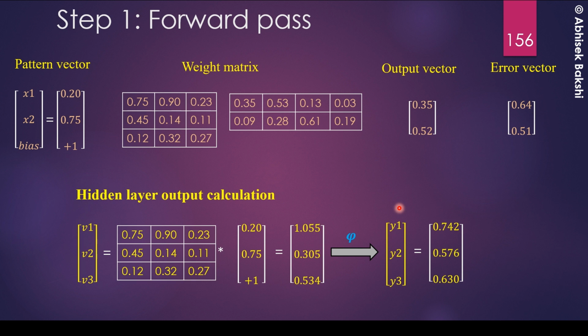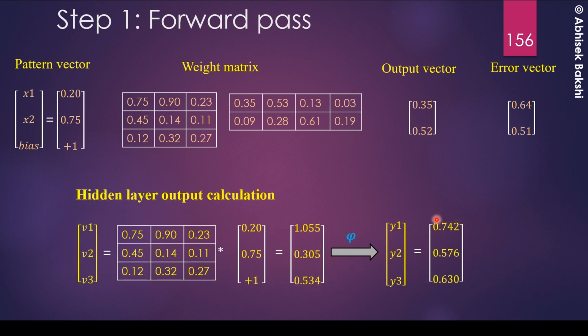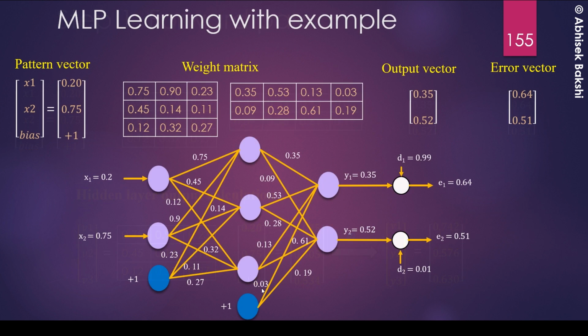I mean, from hidden to output layer. That is not yet done. So you have to do that. What will we do? Now we will basically multiply this weight with the output. But here, this is the output of only 3 neurons. We have one more bias also.